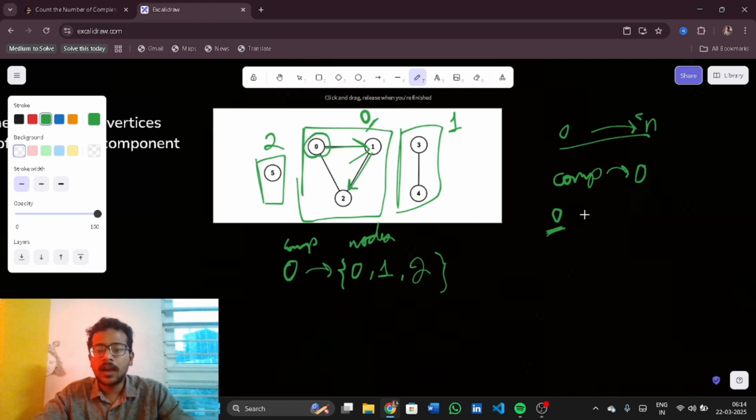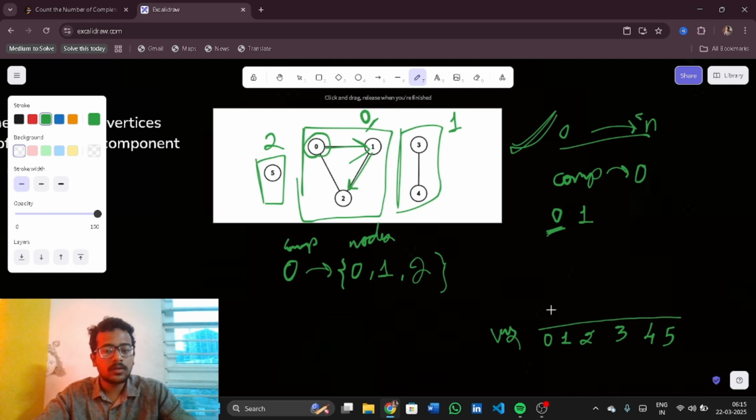Now, here I started with 0. Let me go from here. I am doing this loop condition, going from 0 to n minus 1. Now I go to 1. Is it visited? It is already visited. So why shouldn't I use this visited array? So 0, 1, 2, 3, 4, and then 5.